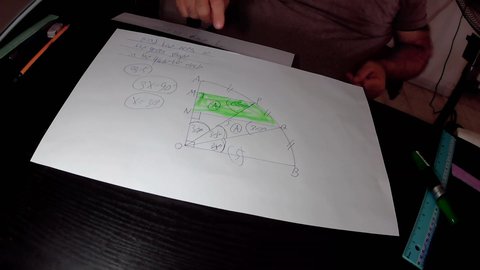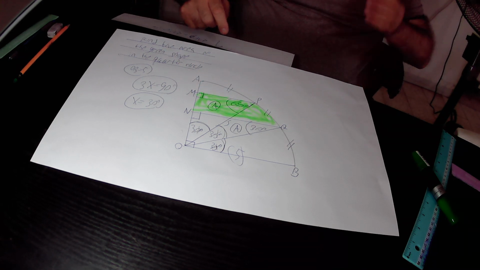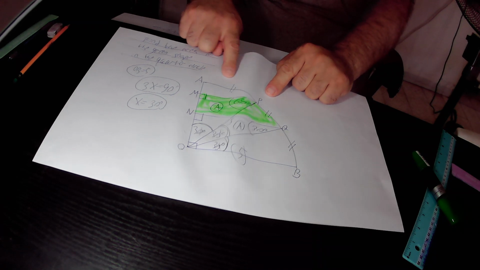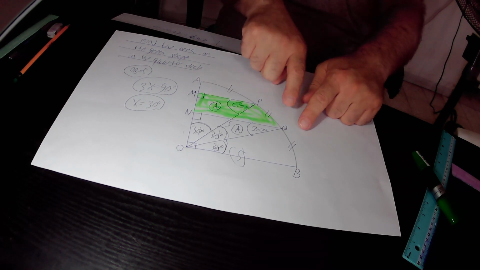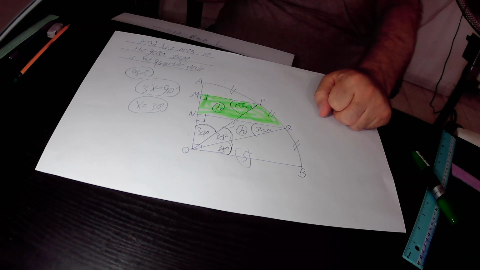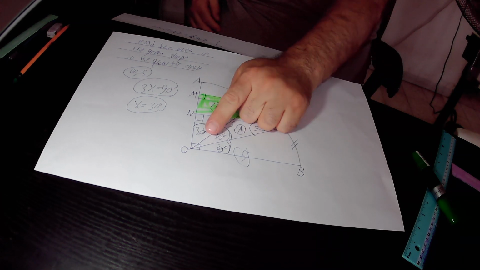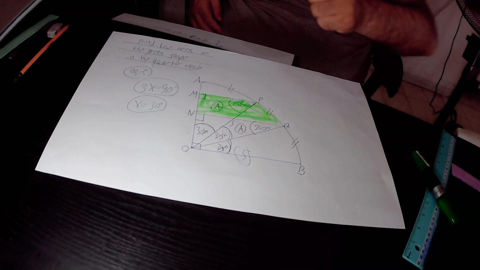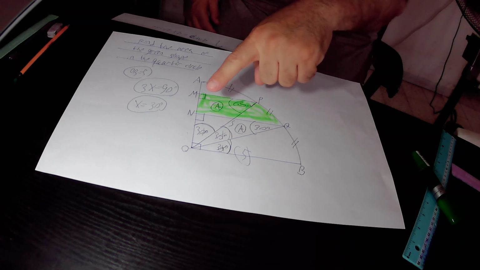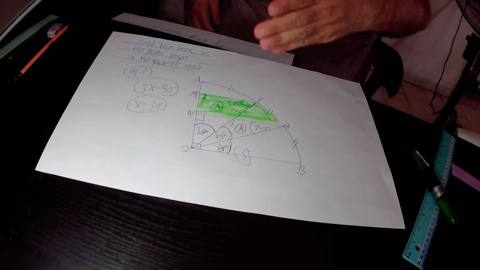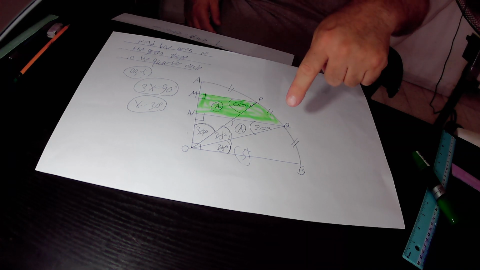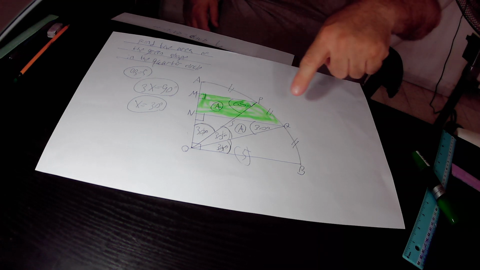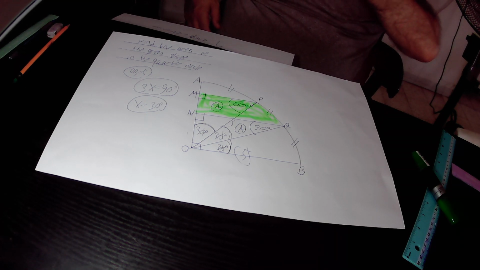In the drawing, we have quarter circle AOB. We know that arc AP equals arc PQ equals arc QB. In addition, this angle AOB is a right angle, and those two angles are also right angles. We also know that OB equals 5 units in length. That is to say, the radius of this quarter circle is equal to 5 units. Again, our mission is to find the area of this green shape.